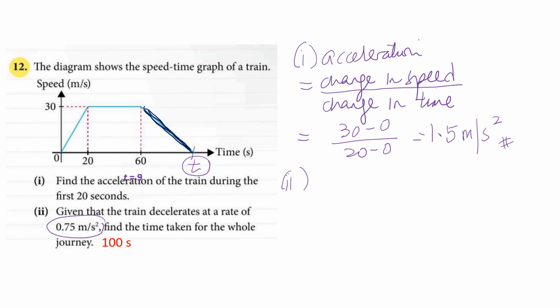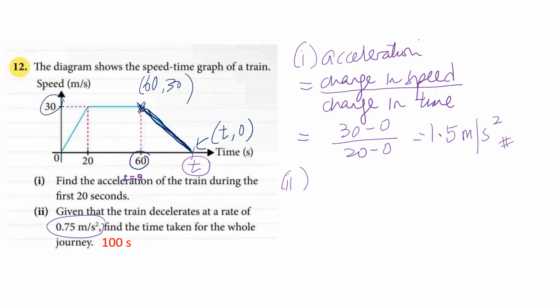Okay, same thing, let's identify 2 points. The first point I can use is this point here, where the x coordinate is 60 and the y coordinate is 30, and the second point here, where the x coordinate is t and the y coordinate is 0. The gradient of that line, highlighted in blue, will give you your deceleration.